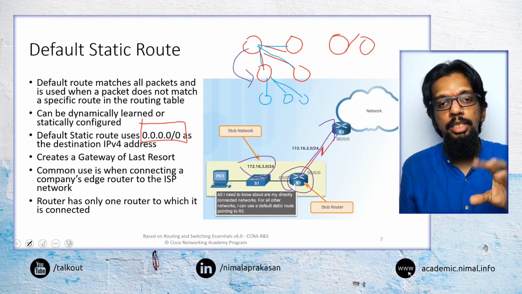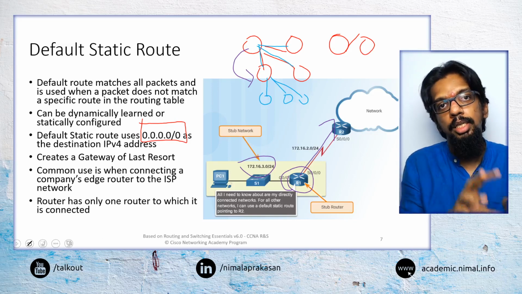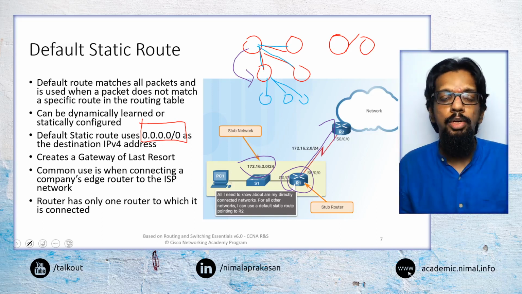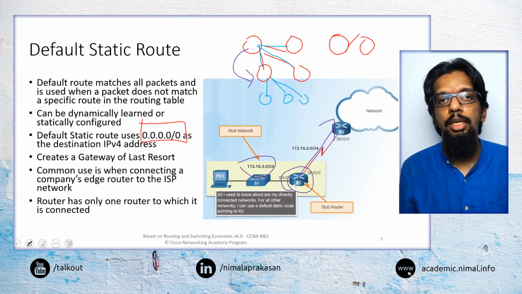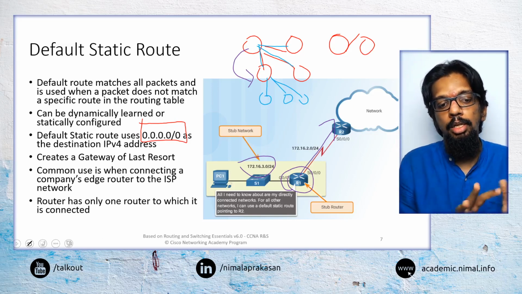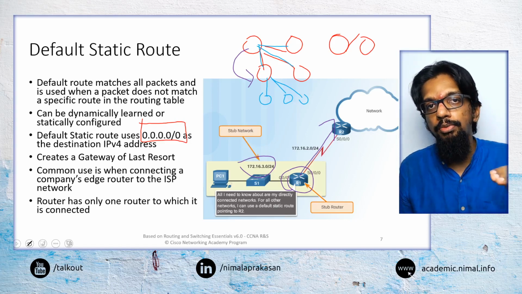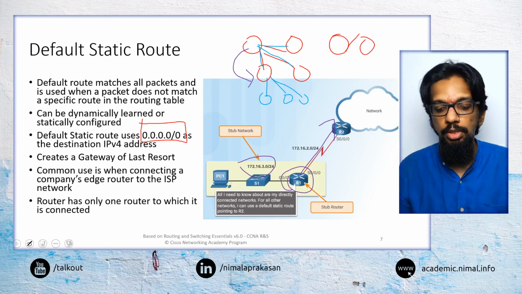Anything that doesn't match an existing static route entry will be forwarded to the default static route. So that is a backup sort of situation where if everything else fails, it will go to the default static route.